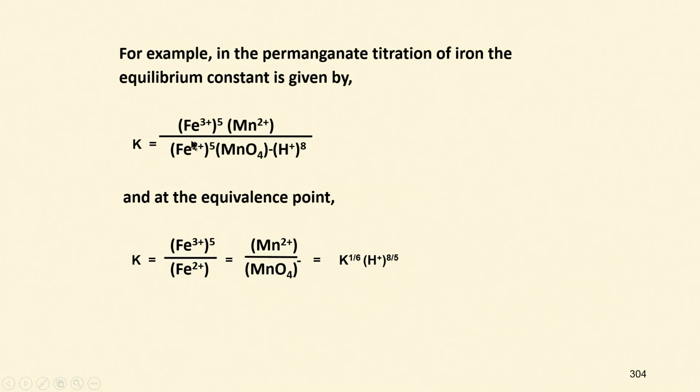We have a chemical reaction involving oxidation of ferrous to ferric with manganese, potassium permanganate. For this reaction I can write the equilibrium constant K is equal to Fe3+ raised to 5, as it is a 5 electron transfer system, Mn2+ and Fe2+ raised to 5 into MnO4-, and then I have a term that is H+ raised to 8.